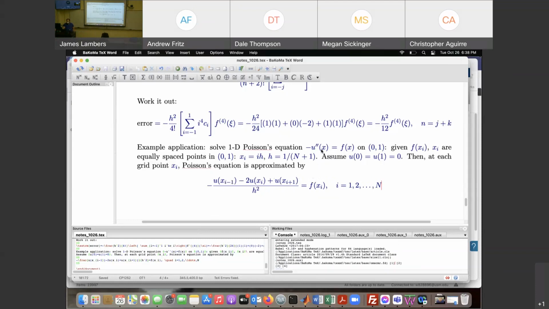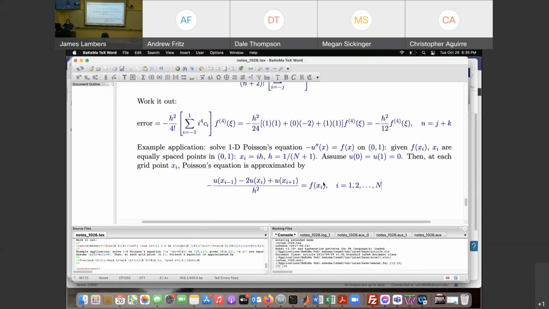So I'm representing a solution on a grid of equally spaced points. To approximate the ODE at a given point, I use points to the left and right. And this approximation has an error of order h squared, because this is second order accurate.